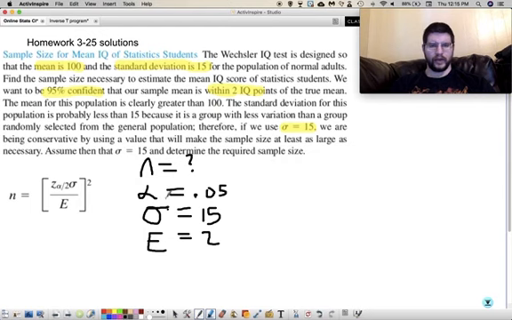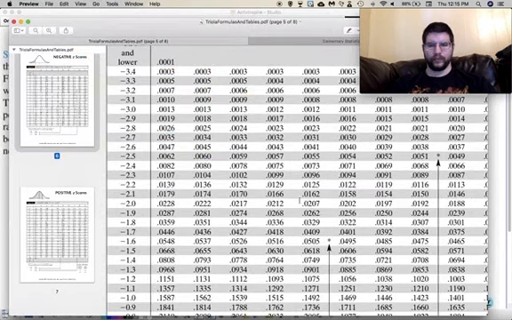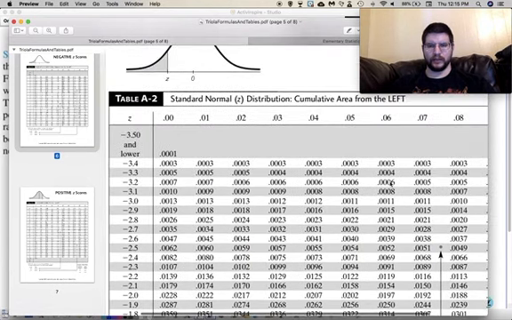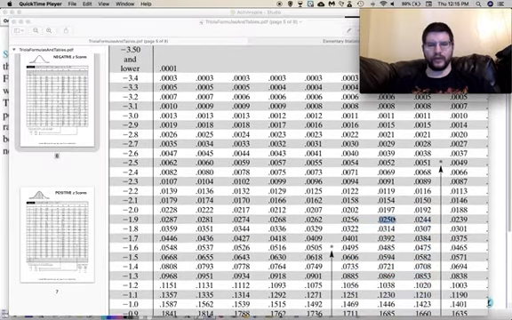Okay. So if we have alpha is 0.05, we can calculate the critical value for z of alpha over 2, splitting it in half. And if you remember, for alpha 0.05, the z score is 1.96. So if we look, 1.96, yep, right there. 0.025, chop that 0.05 in half.